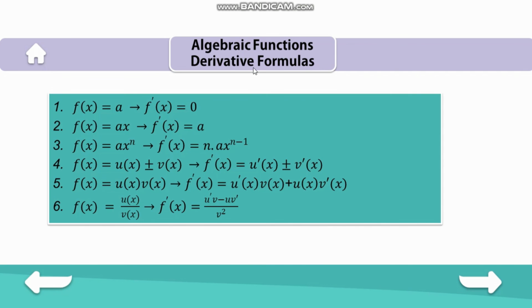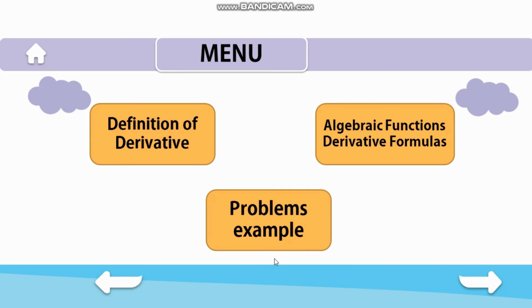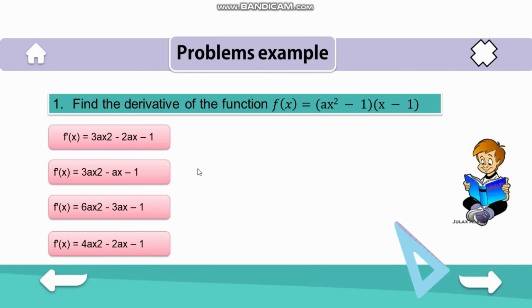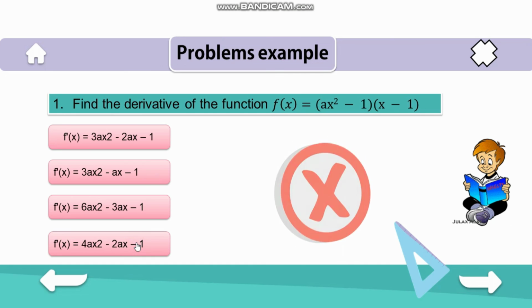There are the algebraic function derivative formulas. Next, I go to the home again. Next, I click start, and I want to see the problem examples. There is the problem example. If I choose the right one, the first choice, there is the right answer, and the next is a wrong answer, next a wrong answer, and next a wrong answer.